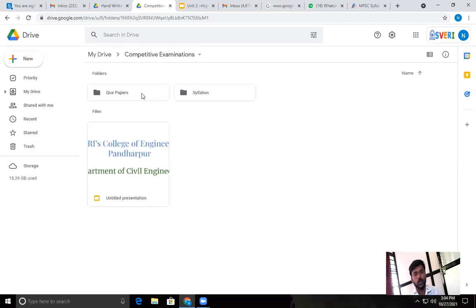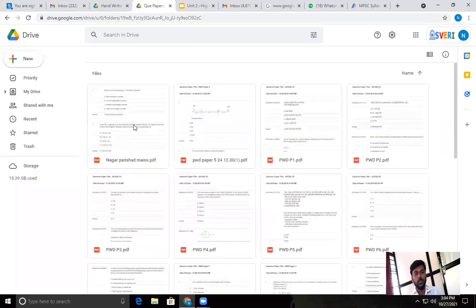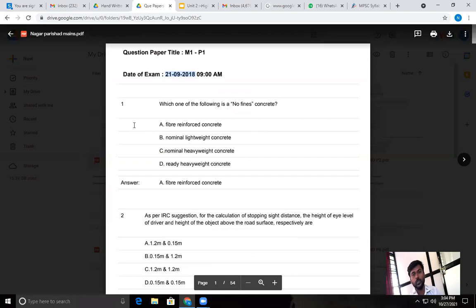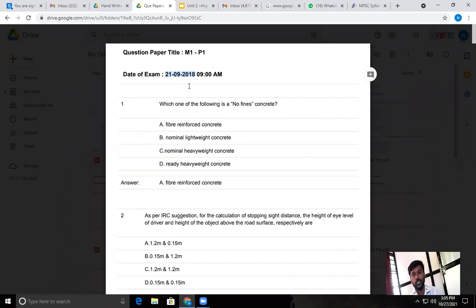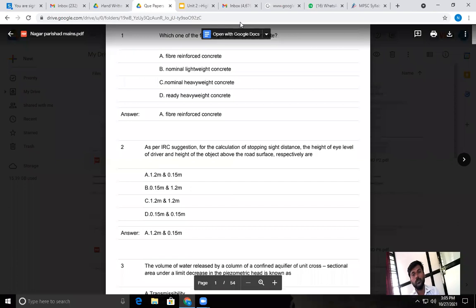I will show one question from the Nagar Parishad Mains question paper held on 21 September 2018. See the second question only.